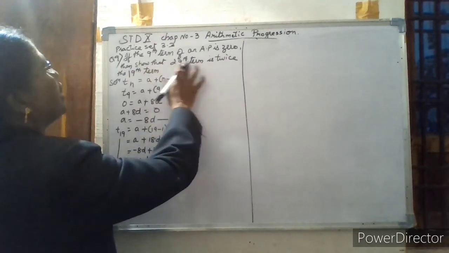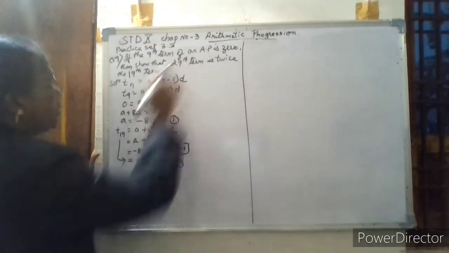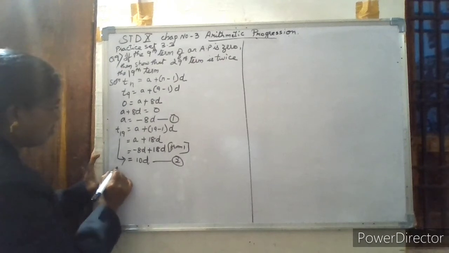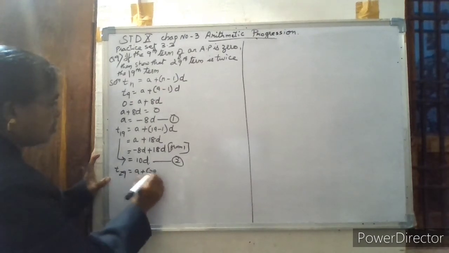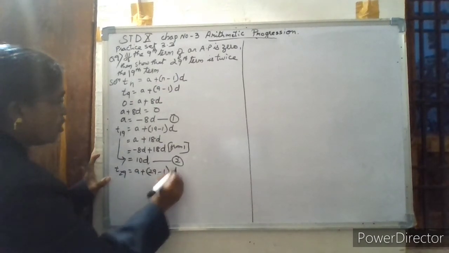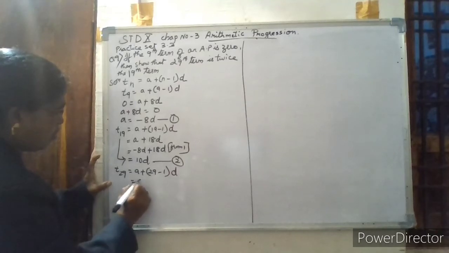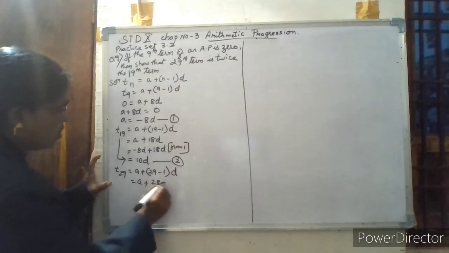Then go to the next one. Now find the 29th term. The 29th term is a plus 29 minus 1 into d, so it is a plus 28d.